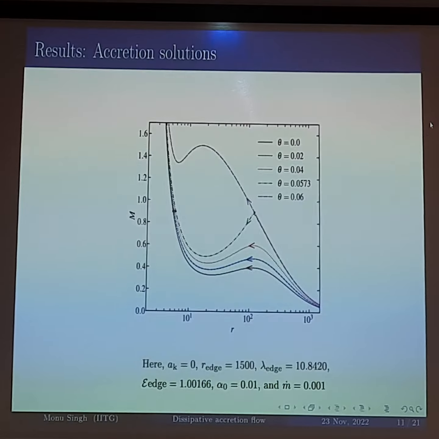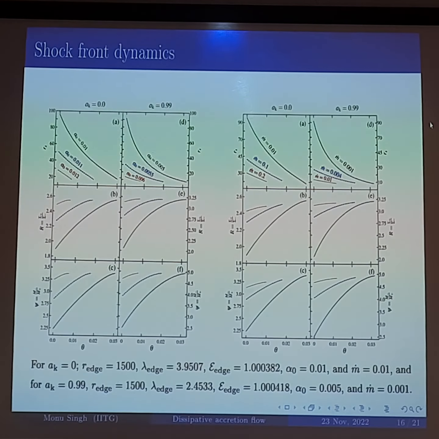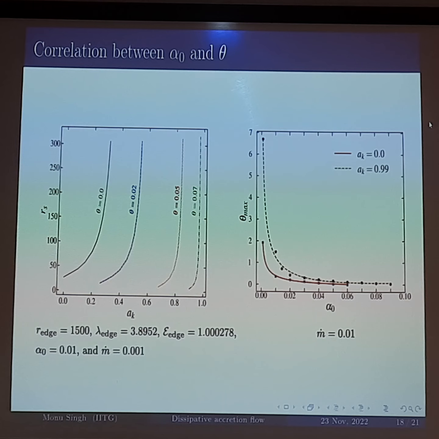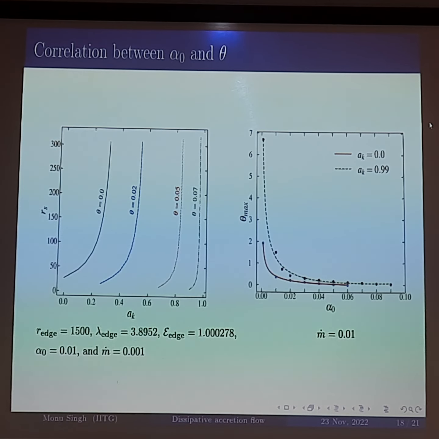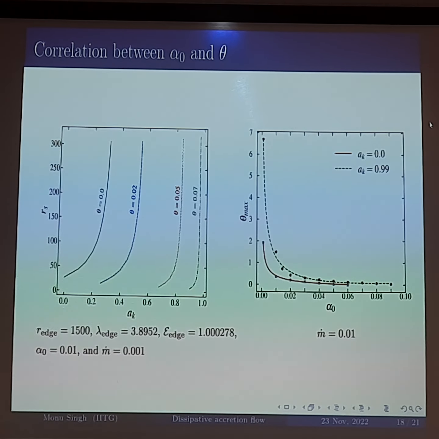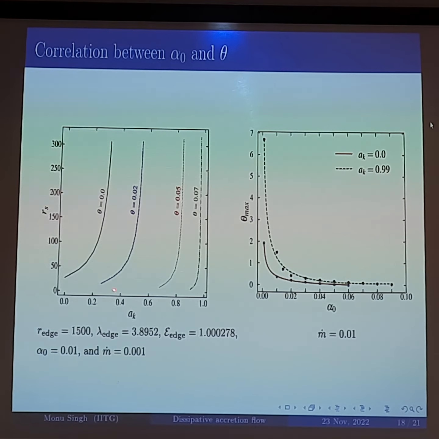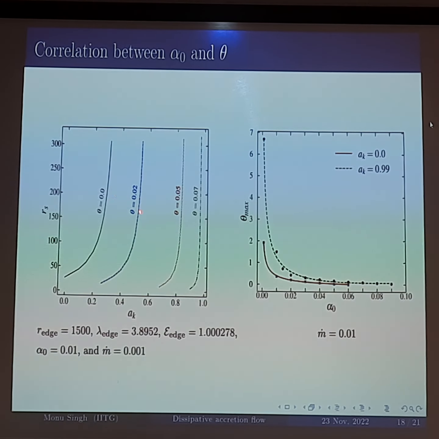If you increase a_k, you are supporting the angular momentum, so the centrifugal barrier gets stronger and pushes the shock outward. As you can see, as we increase a_k, the shock location moves outward. Theta I have already explained: for a given a_k, if you choose a higher theta, the shock location will go inward.